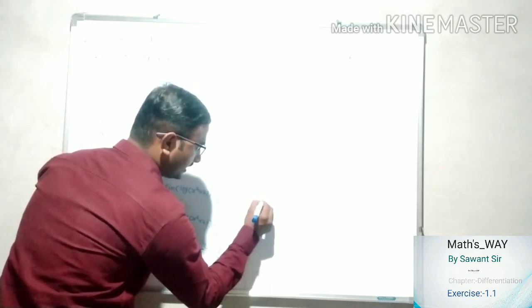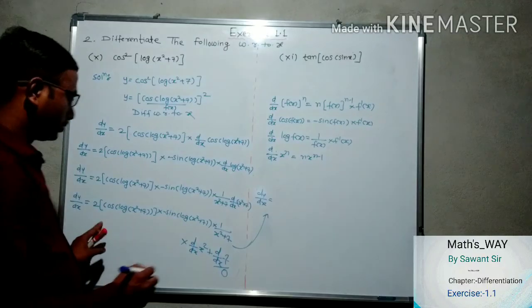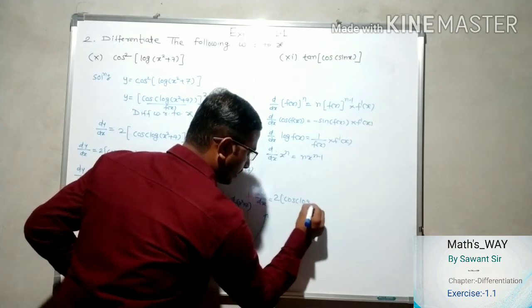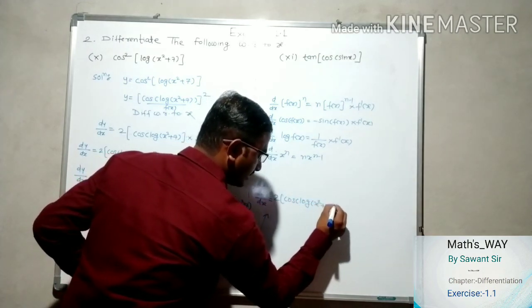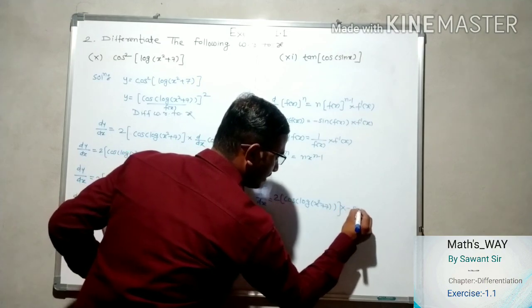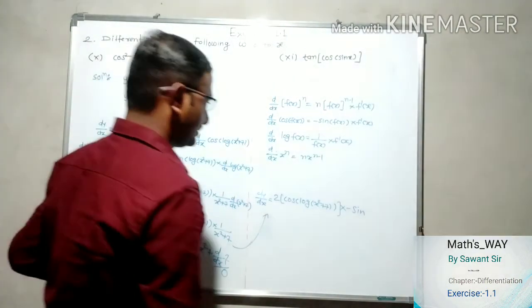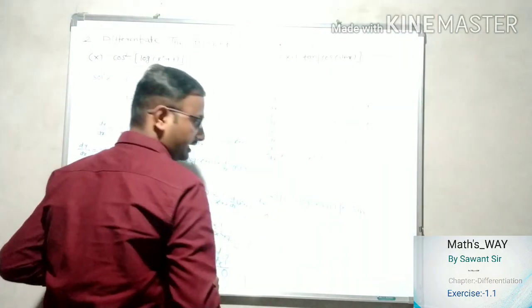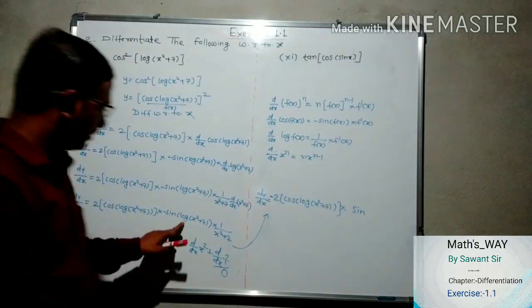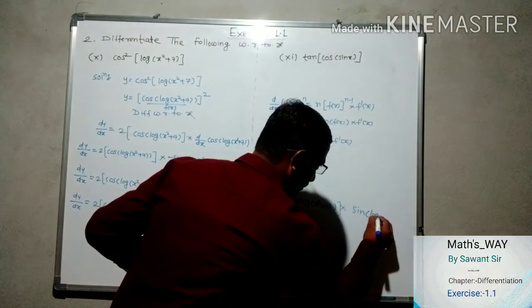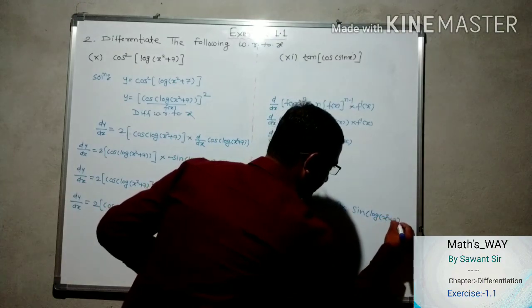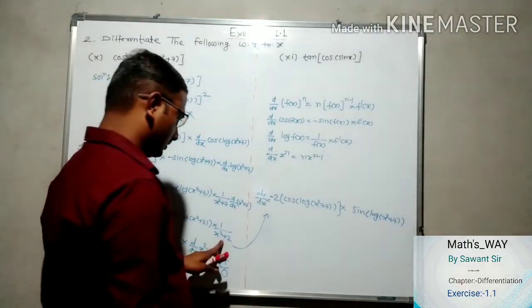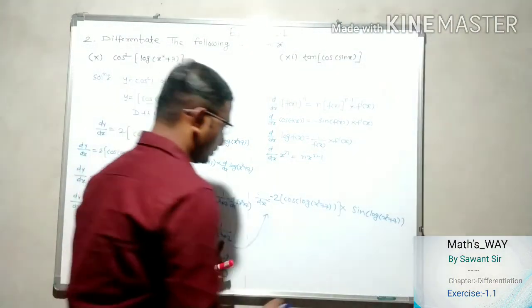dy by dx is equal to 2 into bracket of cos of log of x square plus 7 into minus sin of log of x square plus 7, so this minus may be common, so minus 2, into 1 upon f of x into 2x.